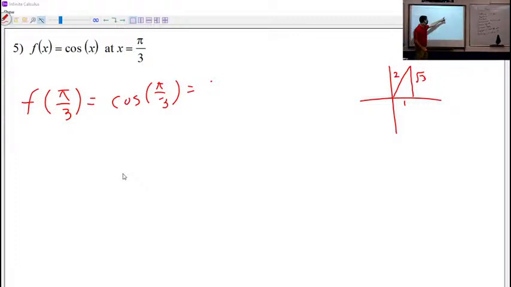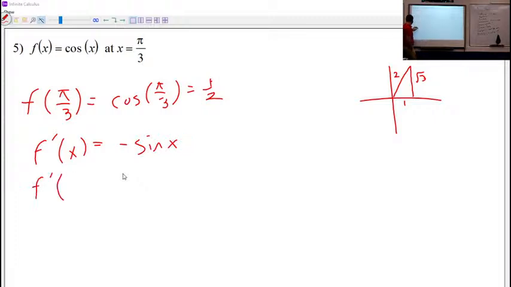Derivative of cosine is negative sine. f prime of pi over 3 is negative sine of pi over 3, which is negative square root of 3 over 2.